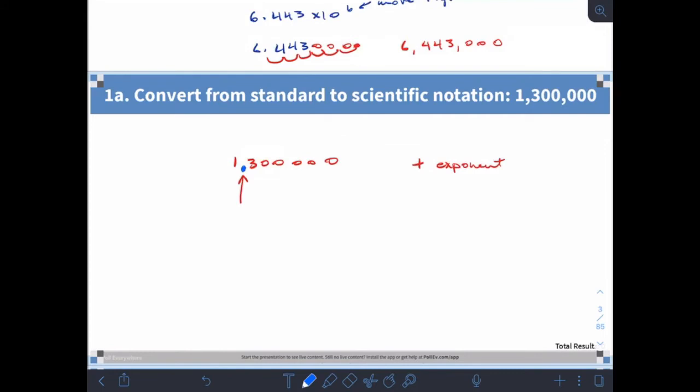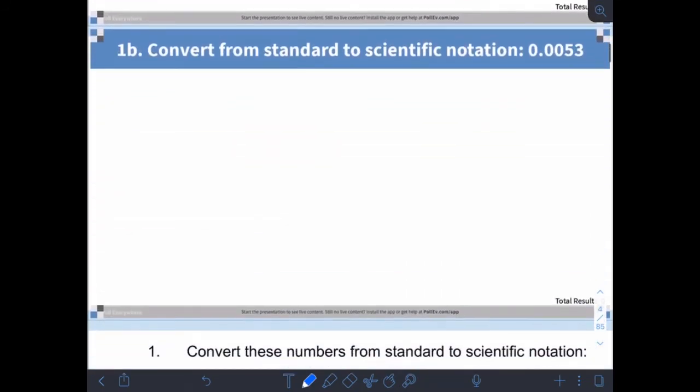And then I count how many places I just moved the decimal place. So 1, 2, 3, 4, 5, 6. So this number in scientific notation should read 1.3 times 10 to the 6. Positive exponent for a big number. All right, give us a pause, work it out yourself, and we'll come back.